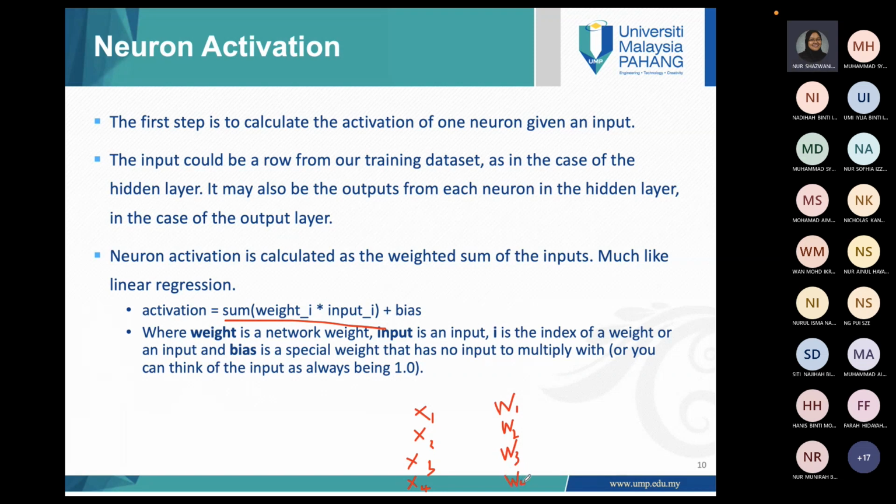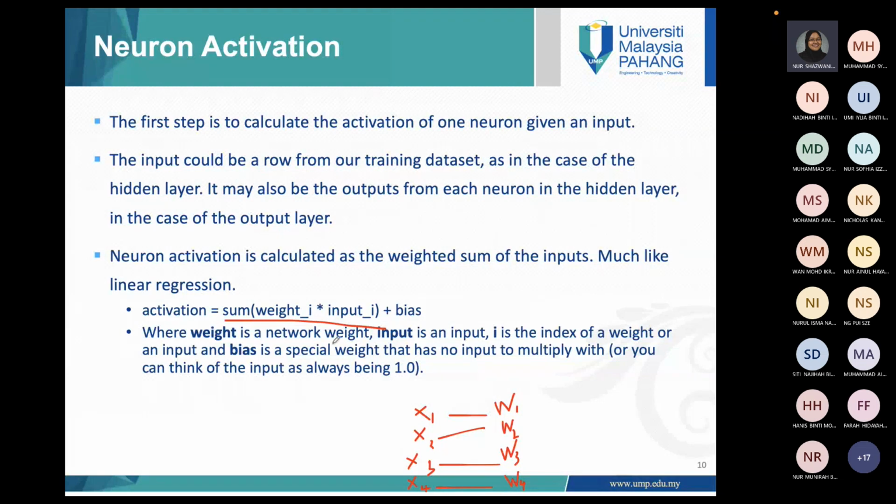You multiply input 1 with weight 1, input 2 with weight 2, input 3 with weight 3, and input 4 with weight 4. Then you have the values, and you do the summation, add them all up. The total of the weight times the input, plus the bias value.